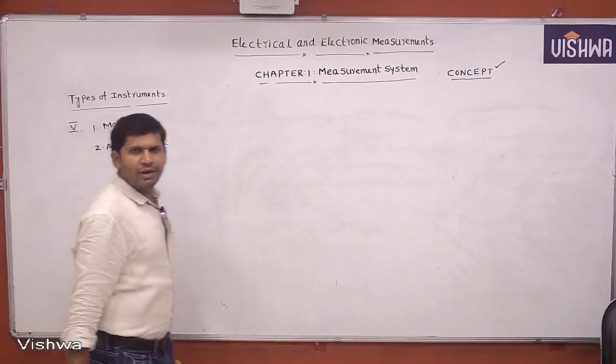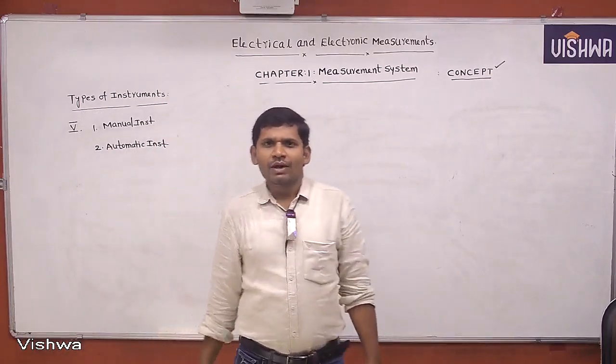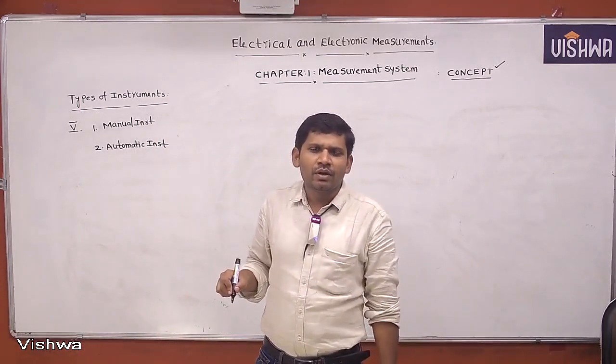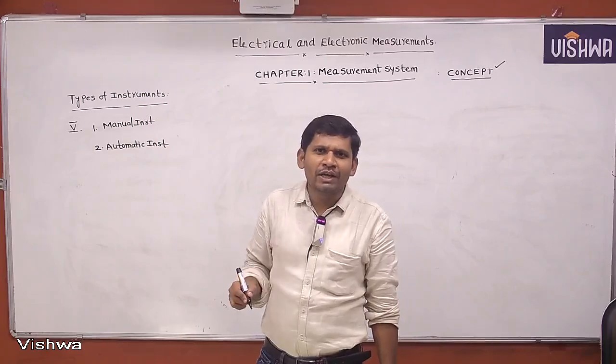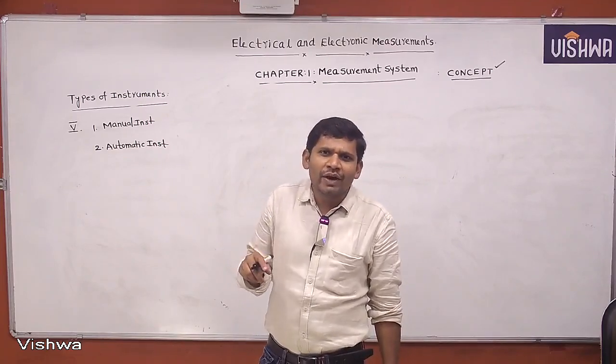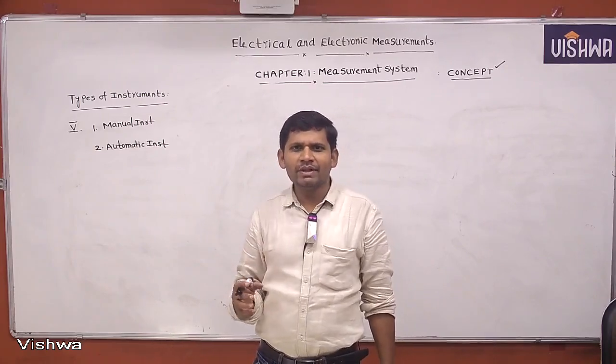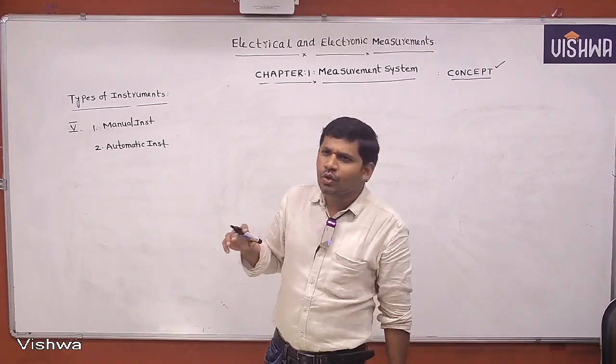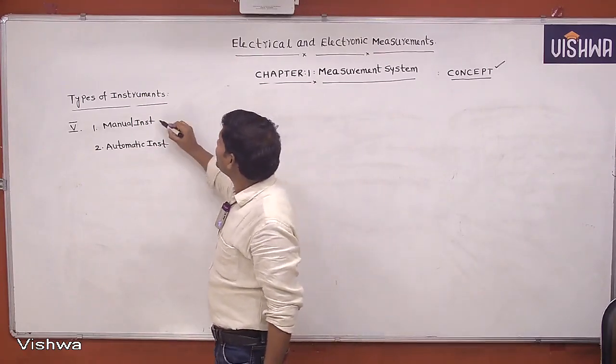What do you mean by manual instruments? For the operation of this instrument, if you want to measure the unknown quantity, it must require one operator. That means to measure the unknown quantity by using manual instruments, an operator is required.